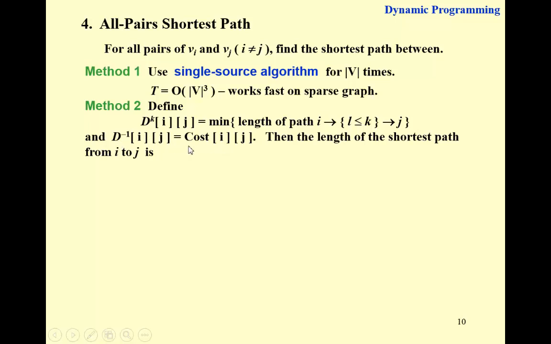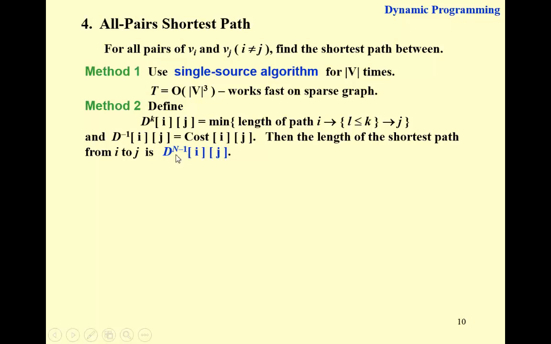That means we're collecting more vertices one by one into consideration. So for example, we start from cost of ij, and next we obtain D sub 0, meaning that we update all the distances to be the shortest distance from i to j passing through only the vertex 0. Step by step, the final length of the real shortest path from i to j is going to be D sub n minus 1, well, the vertices are indexed from 0 to n minus 1.